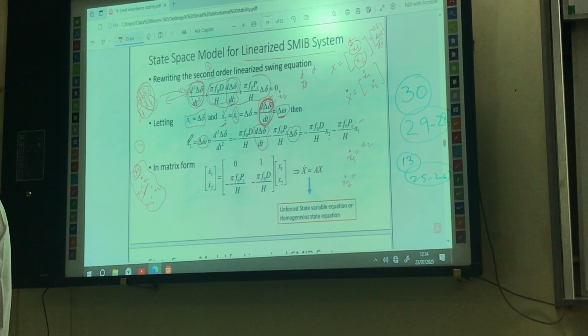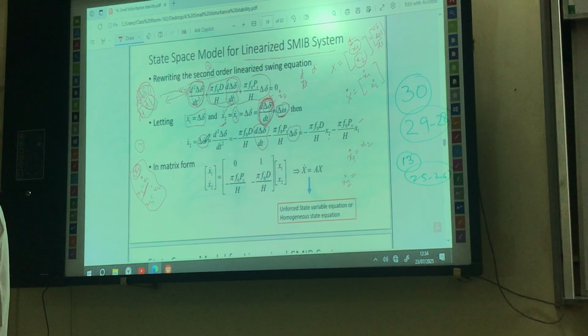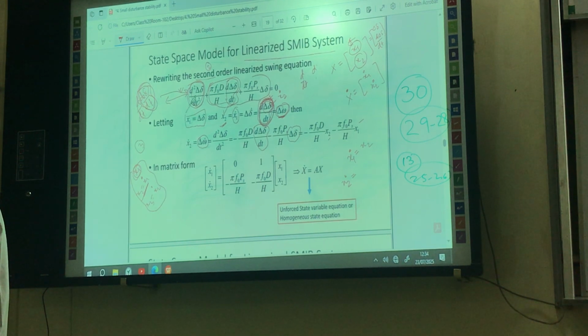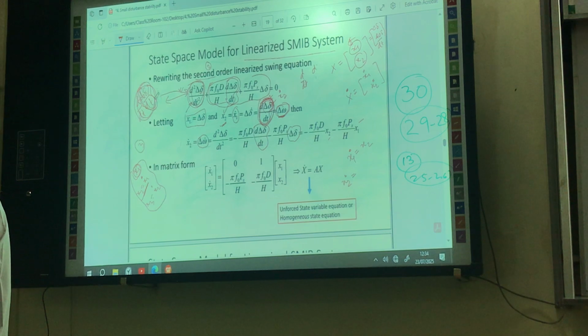So what will be your x2 dot? x2 is this. So this dot is again the first derivative of this omega, that will give you the second derivative of this delta. Because look, from where you got this thing? From this. This was your second state variable, so if you again do the first derivative of this thing, you will again get this thing.